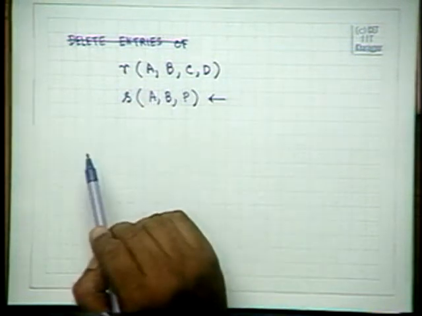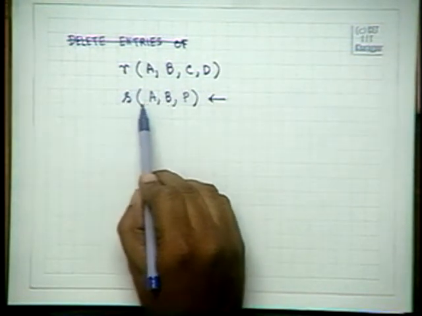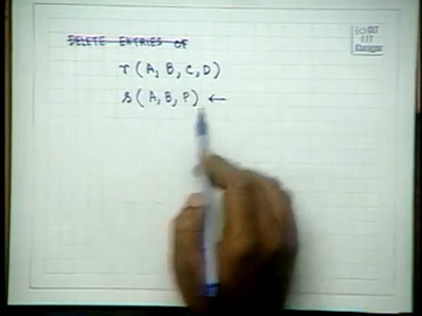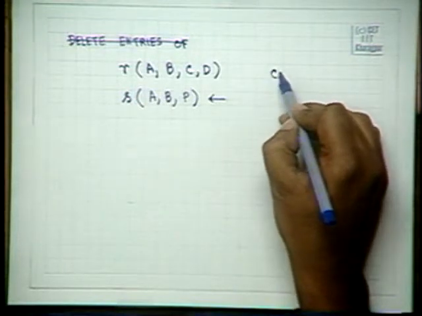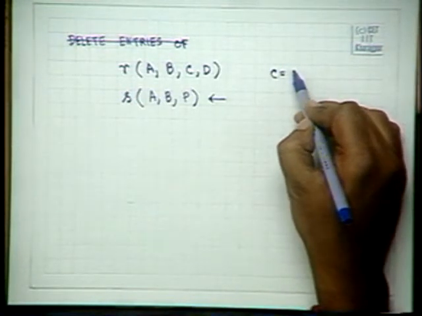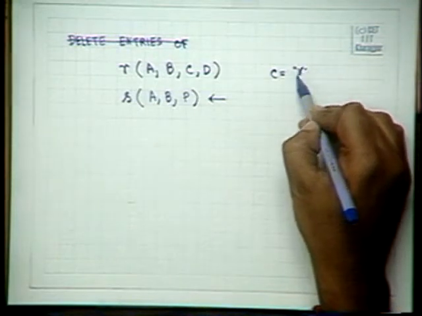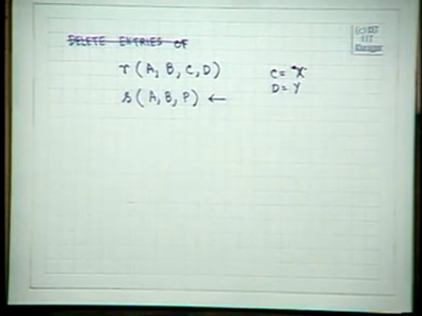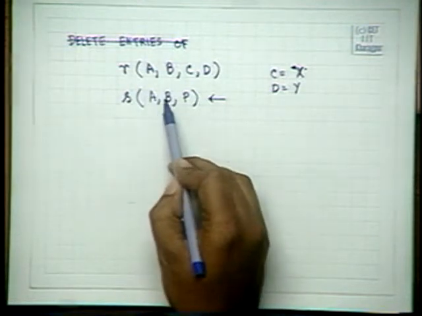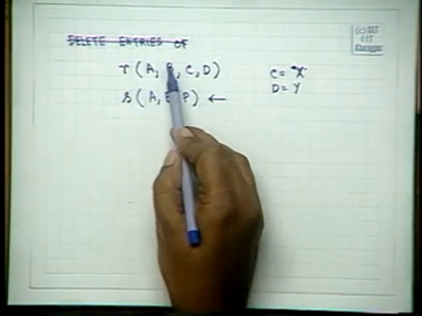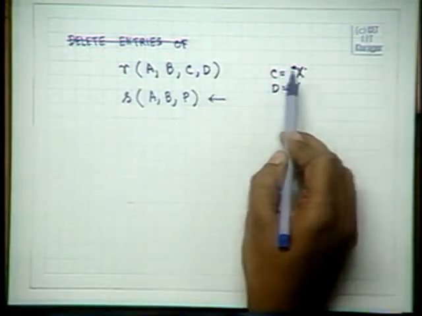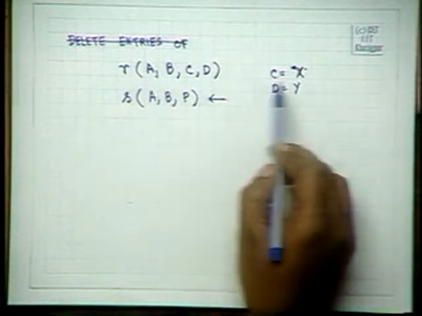Now, we want to remove from S those tuples such that C is equal to X and D is equal to Y. That is, from S we want to remove those tuples such that the C and D values in R corresponding to those AB values are X and Y.